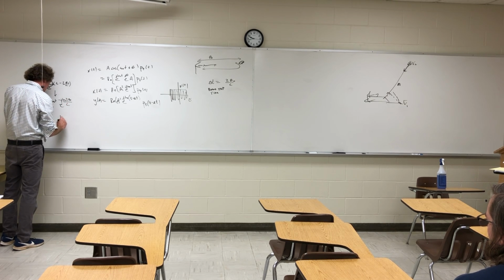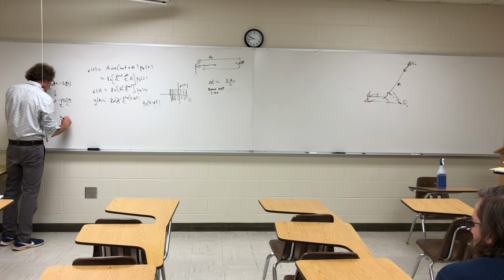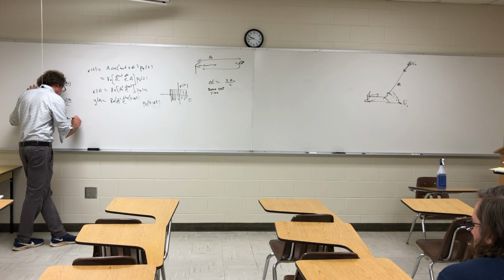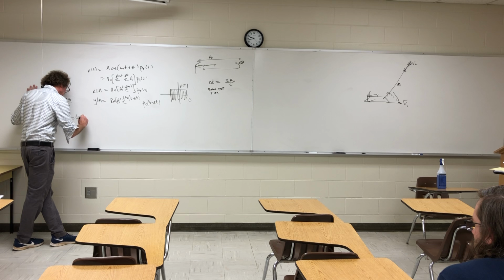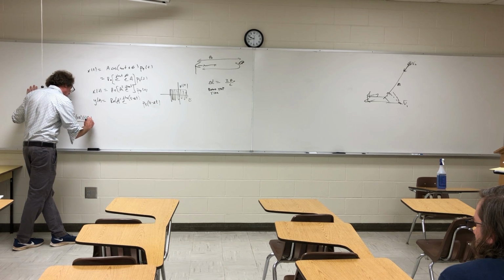So when I have omega naught over c times 2r0 here, I really have 2 pi times 2 times f0 divided by c times r0.